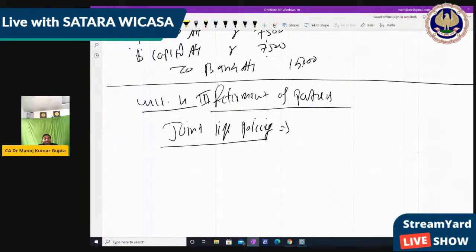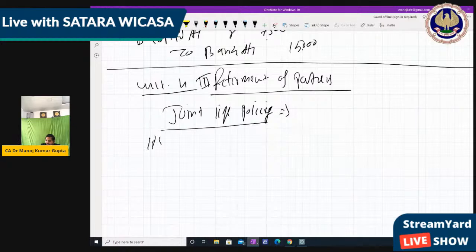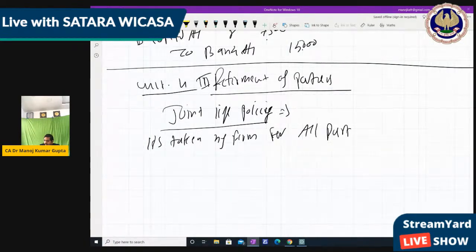We have to cancel that joint life policy. So joint life policy is like a life policy, but it is taken on all partners together. So I just write, it's taken by the firm for all partners' lives.